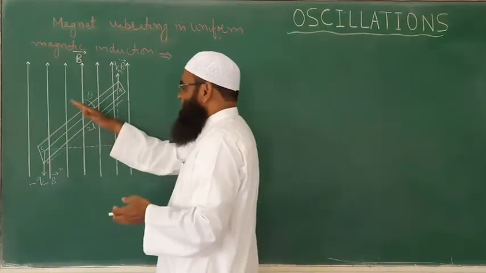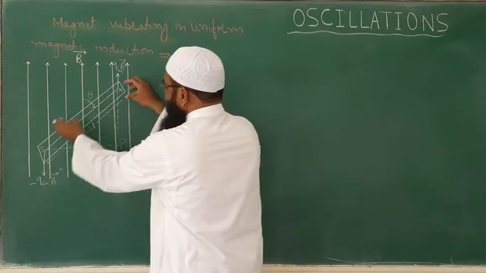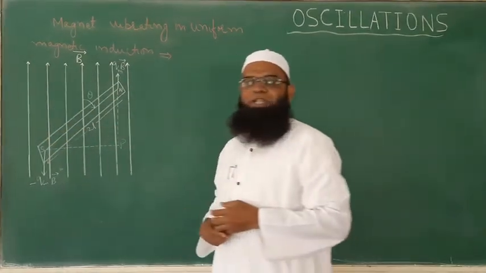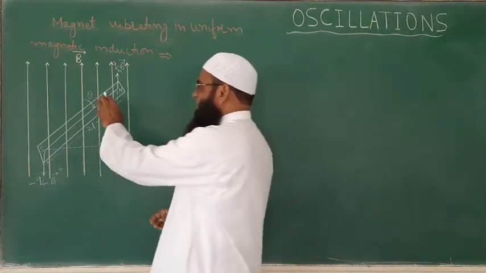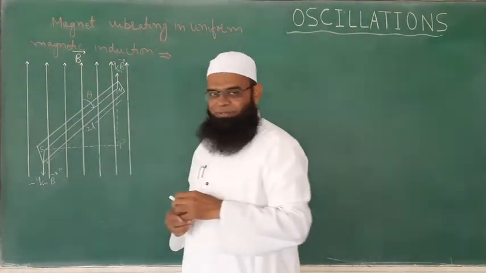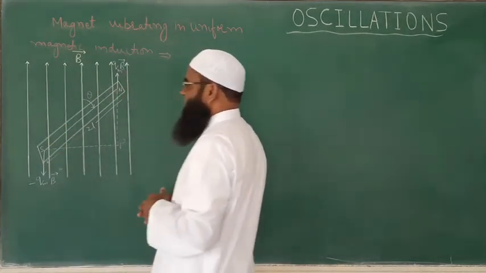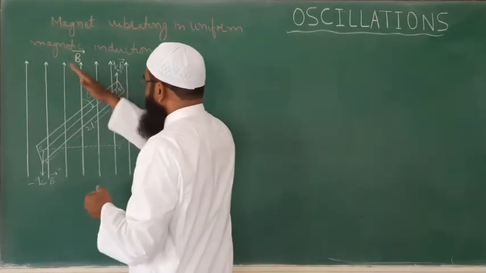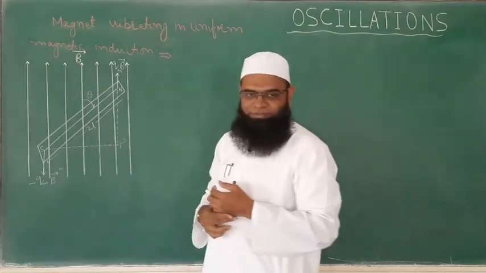So the direction of torque is anti-clockwise and the direction of displacement of the magnet is clockwise.